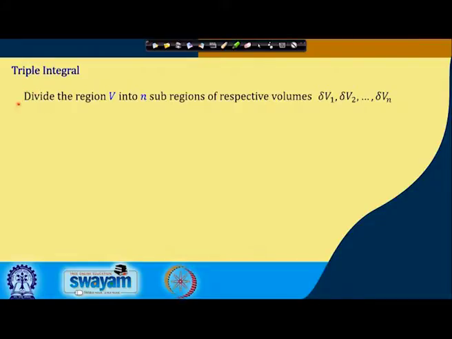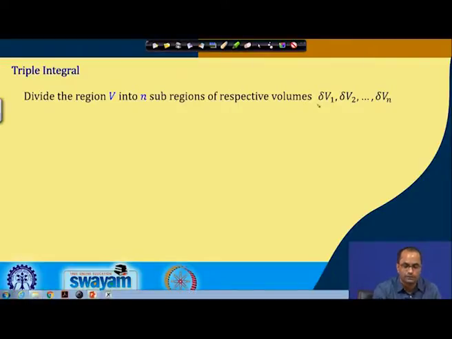So, first, how to define this triple integral. Similar to what we have done for the double integrals, we will divide the given region. Now our region will be in the 3-dimensional space. We will divide that region into n sub-regions, and we call the volumes of these sub-regions delta V 1, delta V 2, up to delta V n.